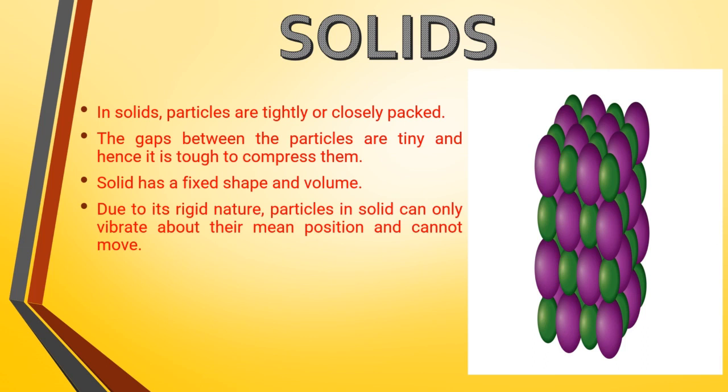In this image we can see that these solids are tightly and closely packed, and the gaps between the particles are tiny, and hence it is tough to compress them. We cannot compress the solid particles; it's simply impossible as they are so tightly packed.